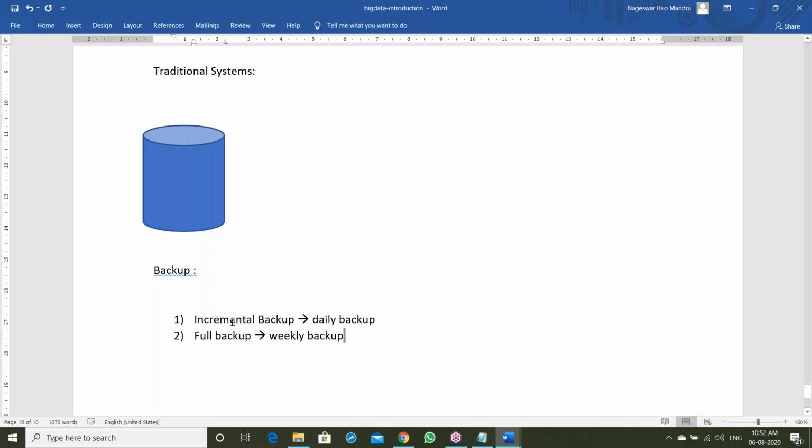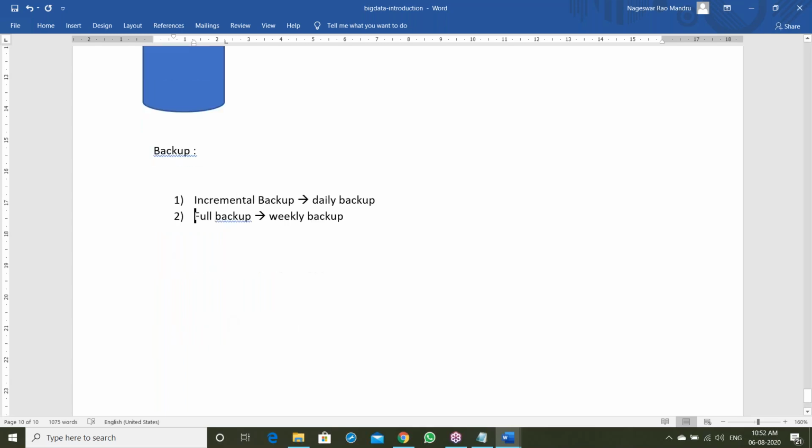Now, why is this called incremental backup? Suppose Monday's data is backed up and stored on one disk. Now on Tuesday the same backup job runs, and Tuesday's data is appended to the existing Monday backup.